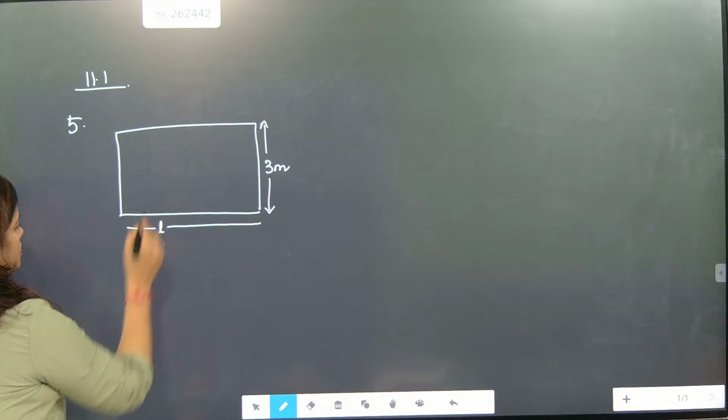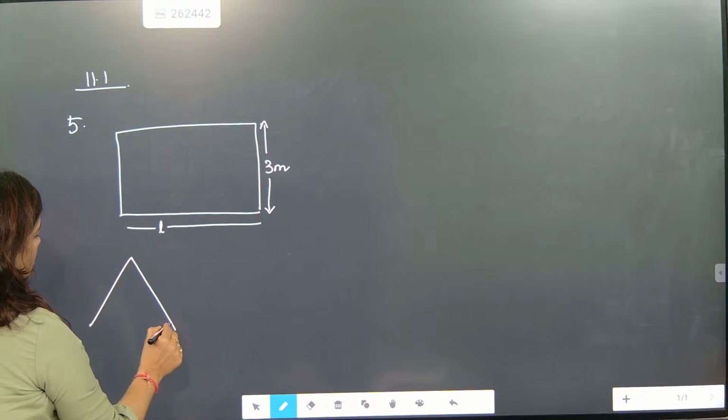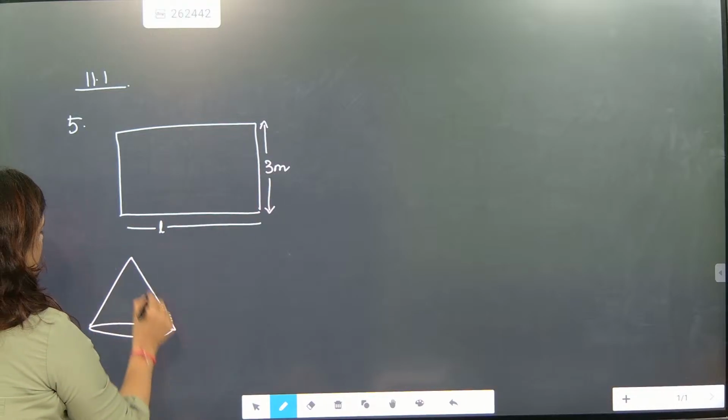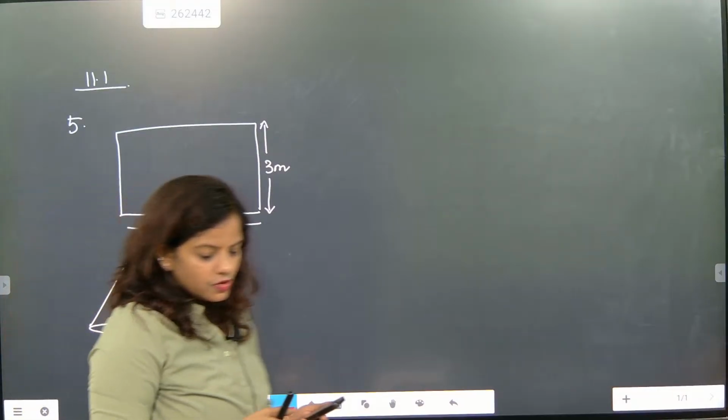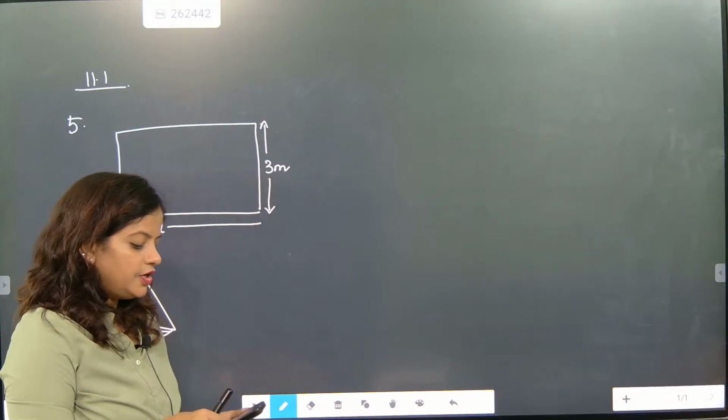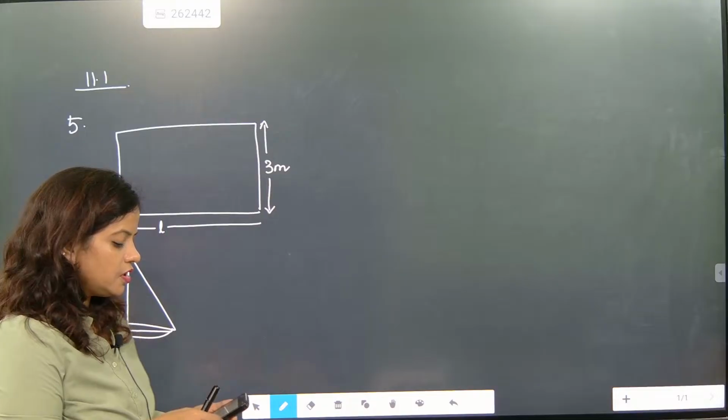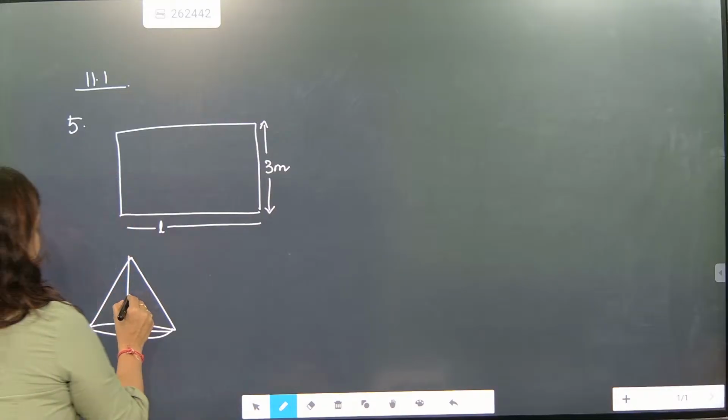So this cloth is going to get converted into a conical tent of height 8 meter.